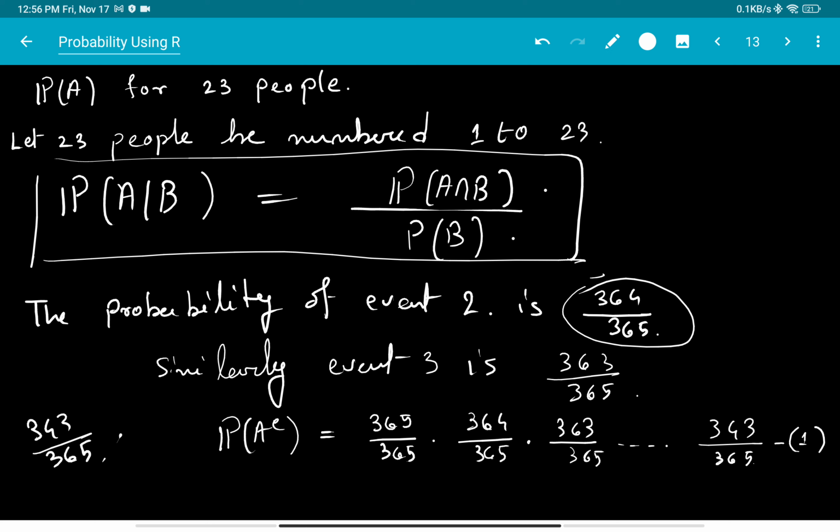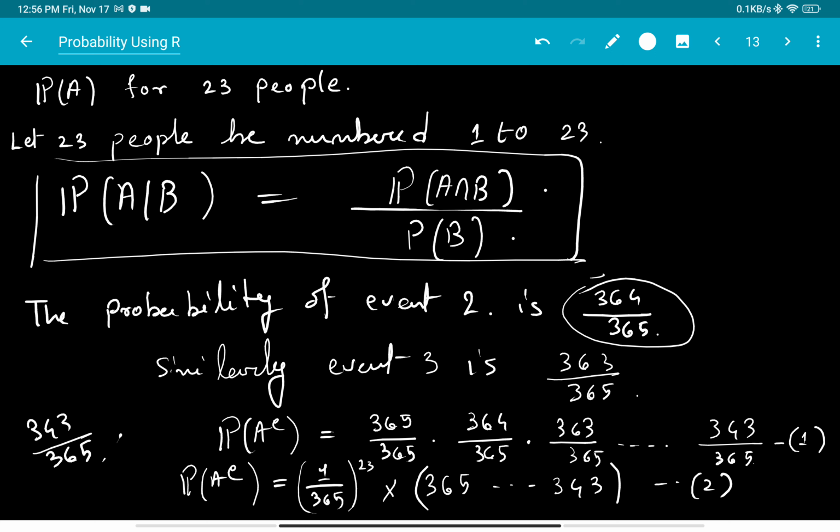And you see that the probability of A complement is 1 over 365 raised to the power 23, multiplied with 365 up to 343.